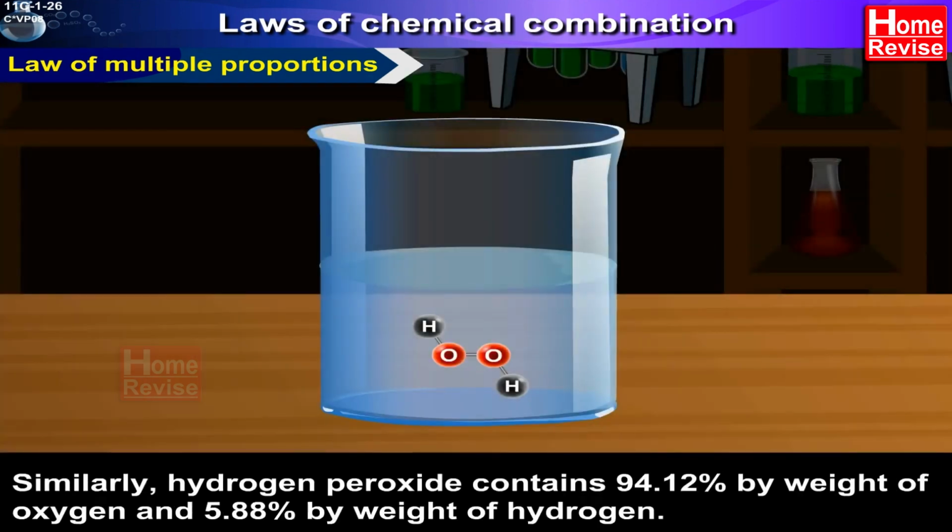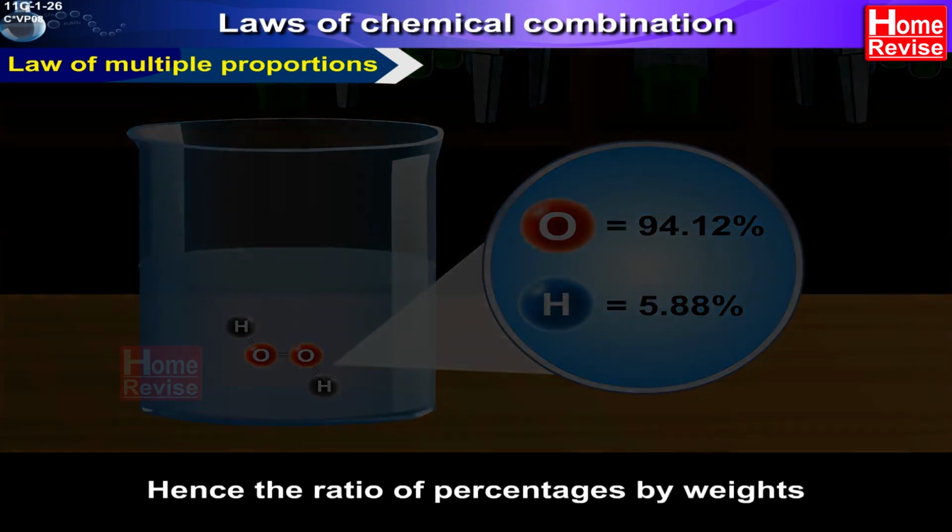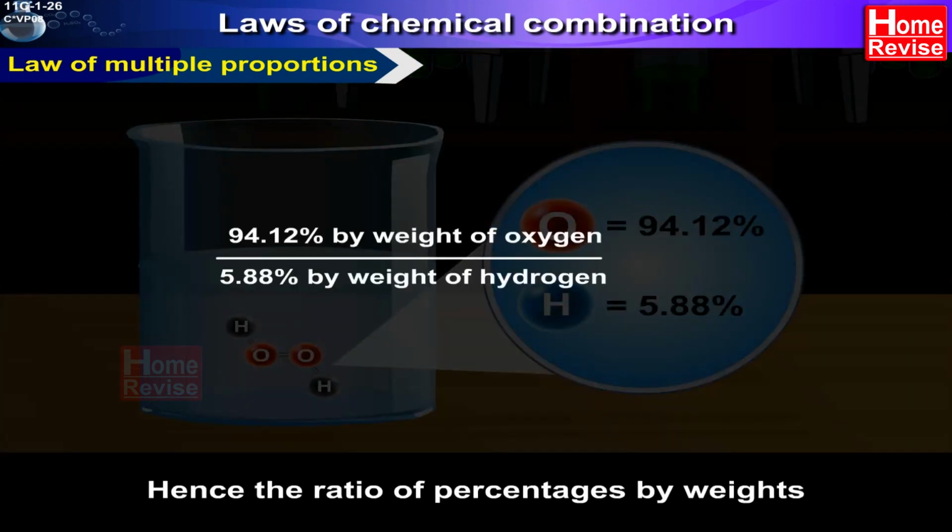Similarly, hydrogen peroxide contains 94.12% by weight of oxygen and 5.88% by weight of hydrogen. Hence, the ratio of percentages by weights is equal to 94.12% upon 5.88%, which is equal to 16:1.